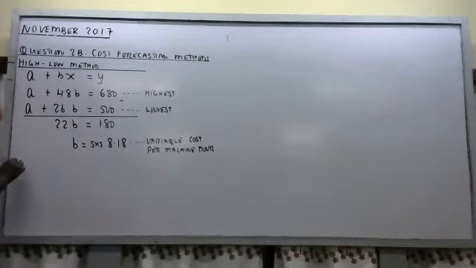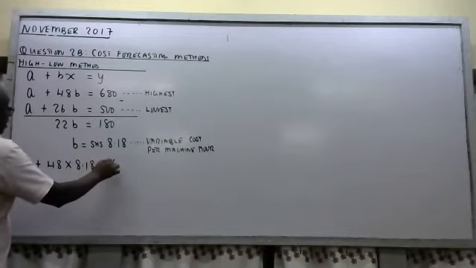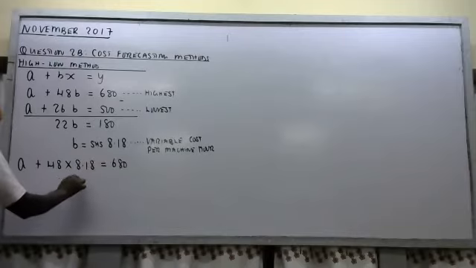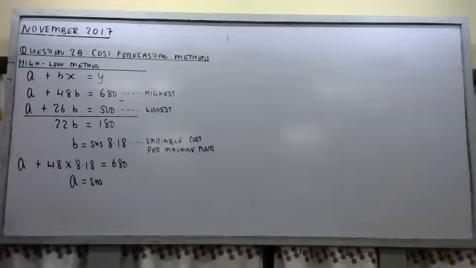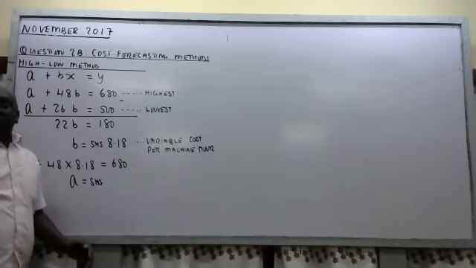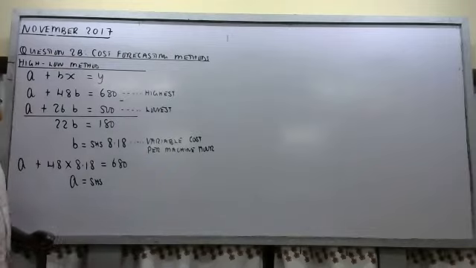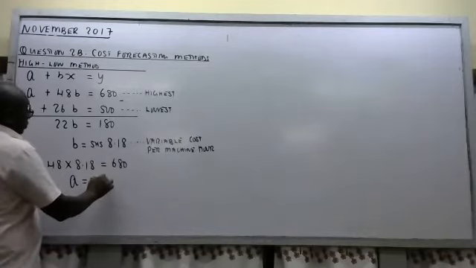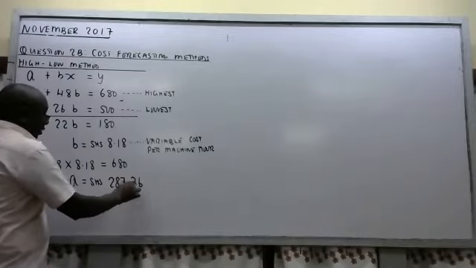Then proceeding, you say A plus 48 times 8.18 should be equal to 680. Tell me what should be the value of A. $287.36.